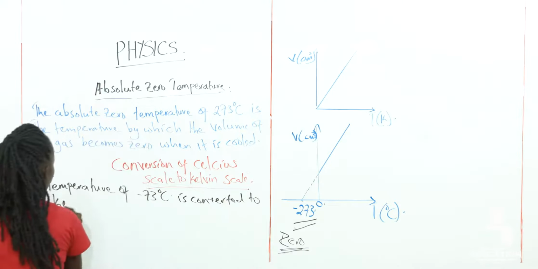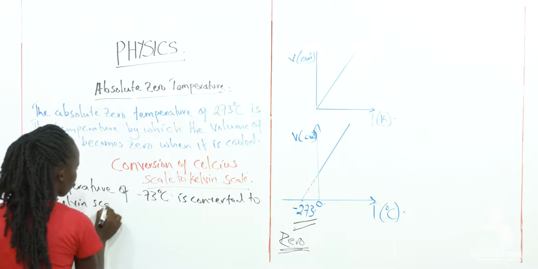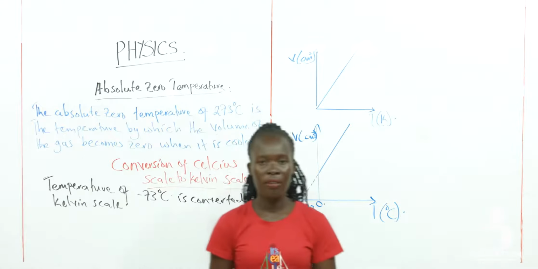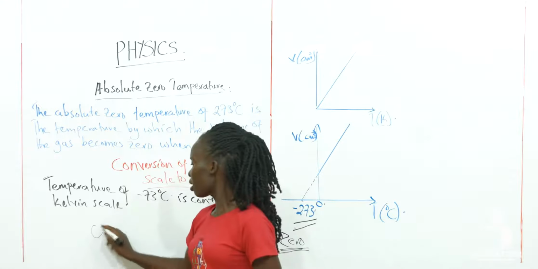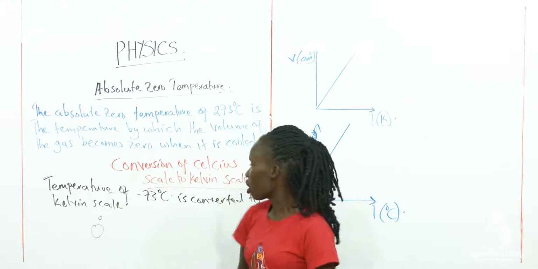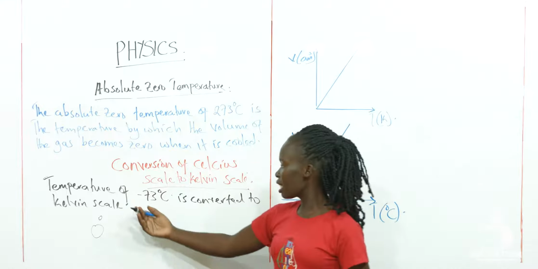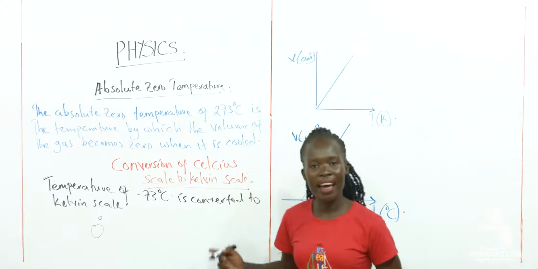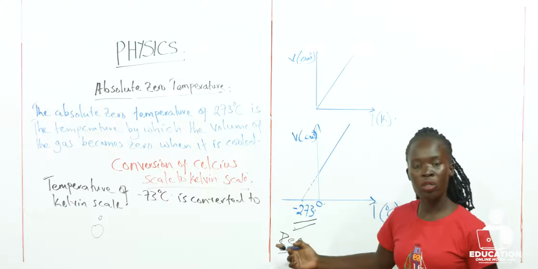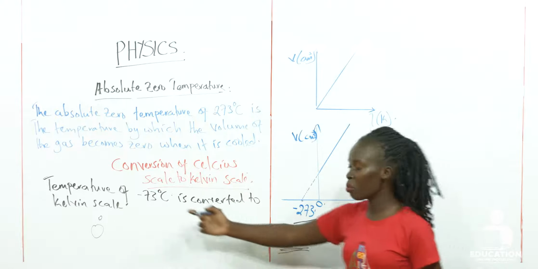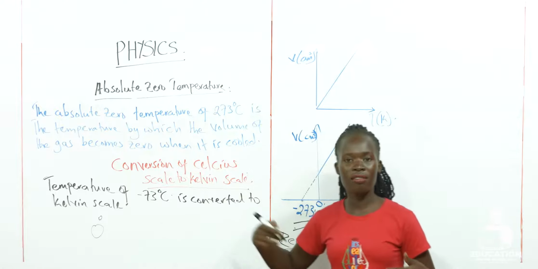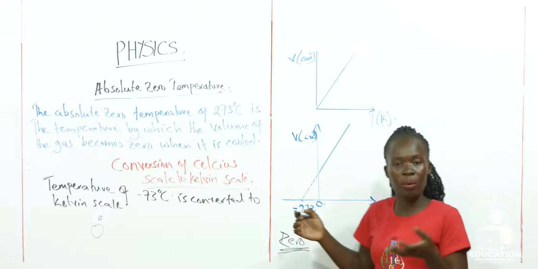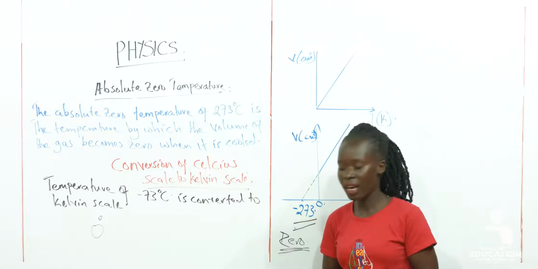So what do we do here? To get the real temperature on the Kelvin scale from the Celsius, you take the temperature you were given in Celsius, then add the absolute zero temperature to it, and the result will give you the reading that is supposed to be on the Kelvin scale.